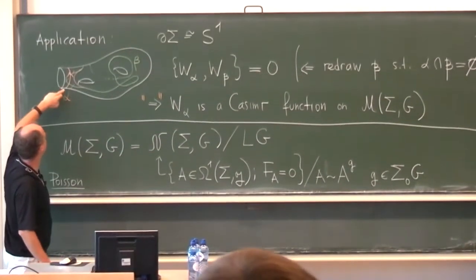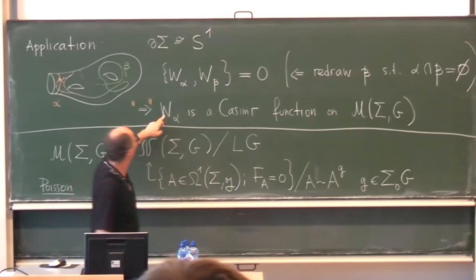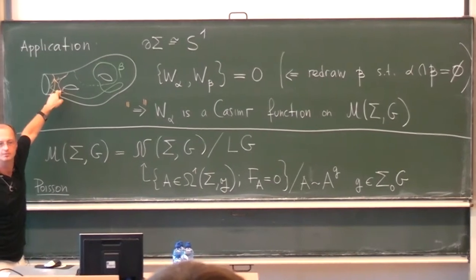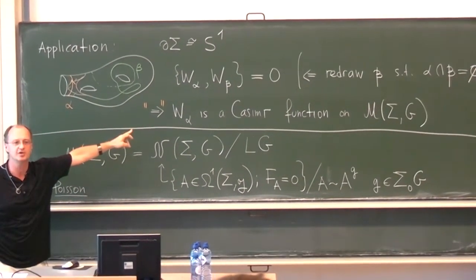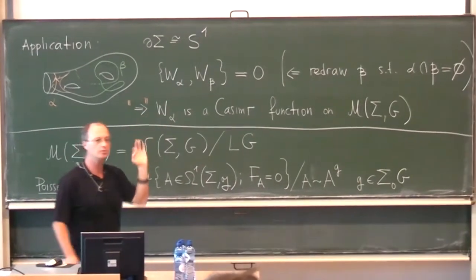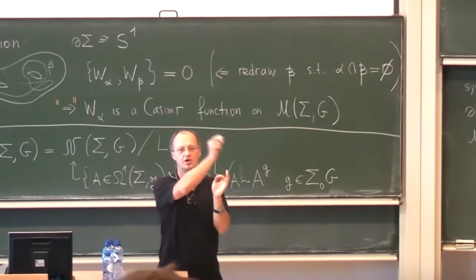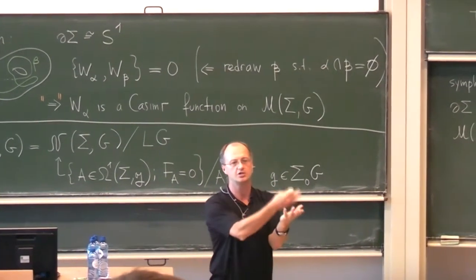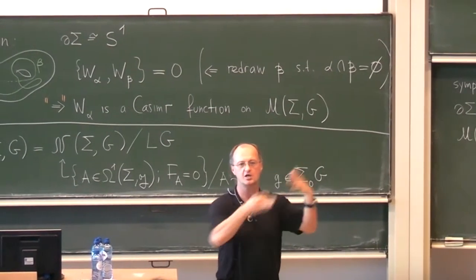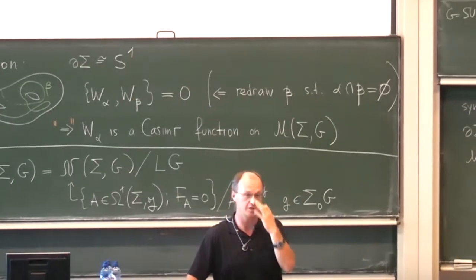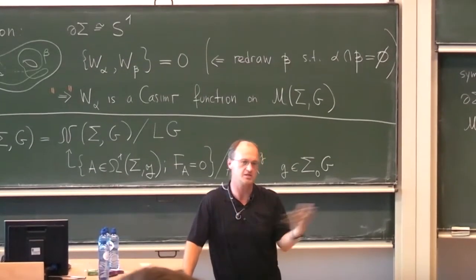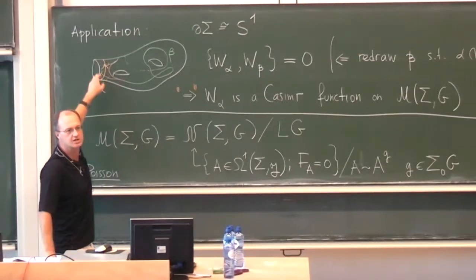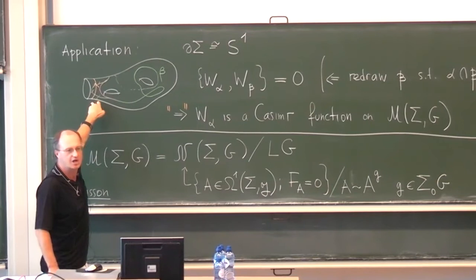Now, one indication why this might be true is as follows. I showed you that the Goldman functions which correspond to the boundary loops are Casimir functions. What are Goldman functions? Goldman functions are spectral invariants of the holonomy map. We take a holonomy map, we take it in any representation, and we take a trace of it. This is a kind of sum of eigenvalues. So basically this tells you that the information about the conjugacy class of the holonomy gives Casimir functions.